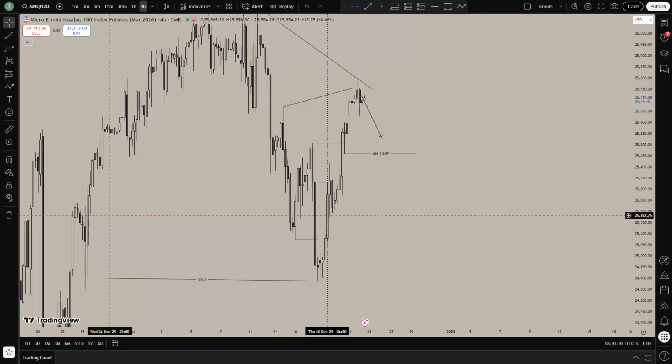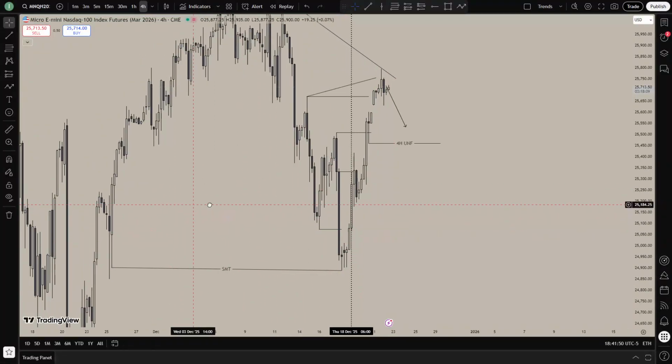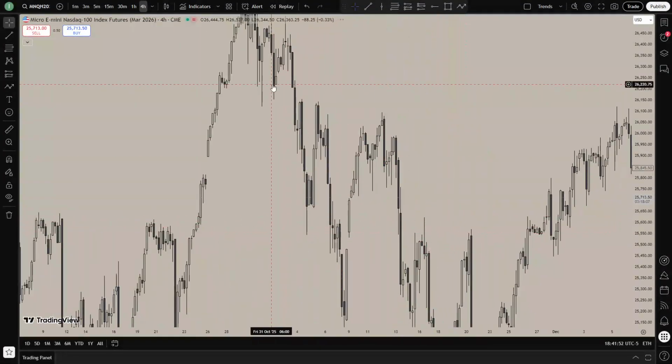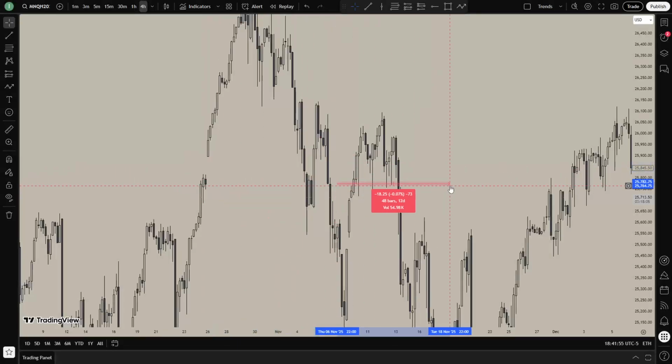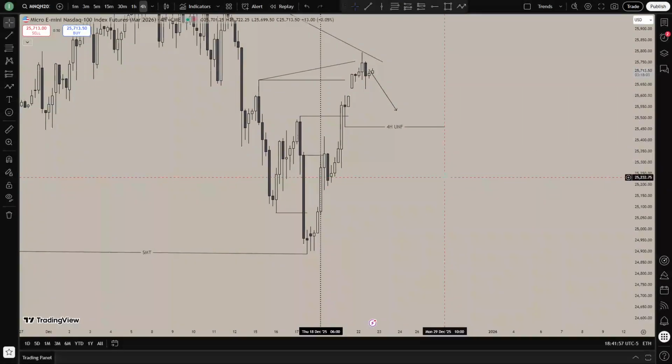Also, we don't always decide after 10 a.m. It's just when we have a 4-hour or a 1-hour that we want to see get inversed. But if we're not in any type of fair value gap, then first of all, you might not want to be trading. And second of all, even if the market conditions are good but you're just not inside a fair value gap, you would just want to look at the draw. What's the nearest draw?